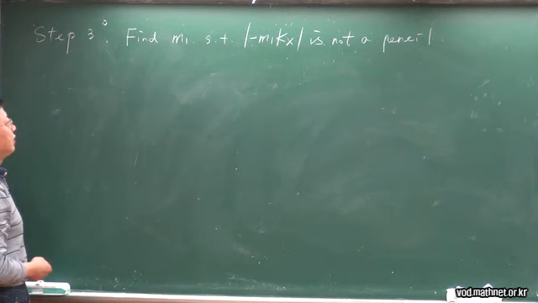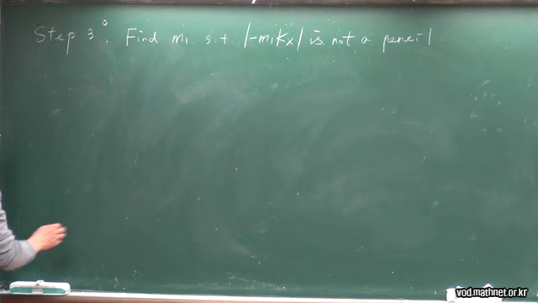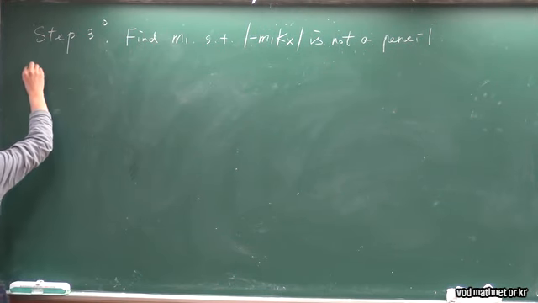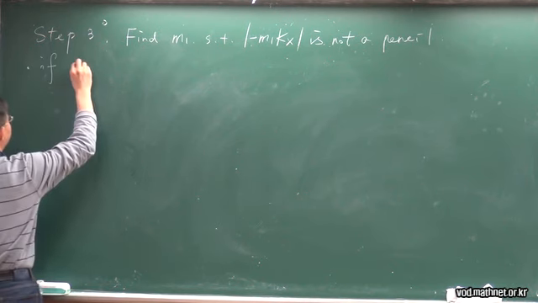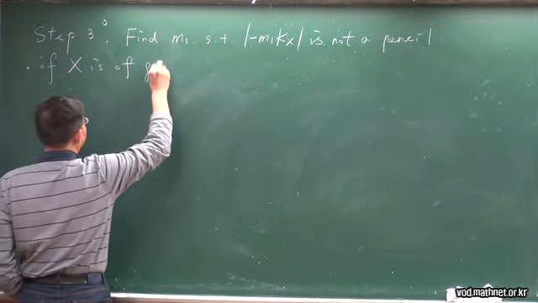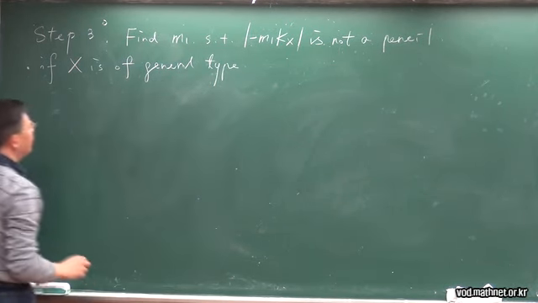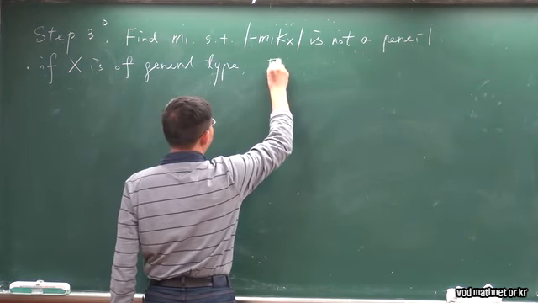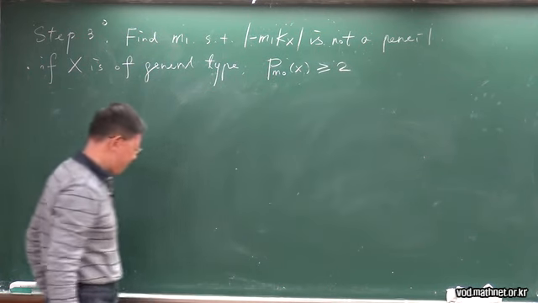Why is this difficult? Let me do the comparison. For example, if X is of general type, we already have P_m0 of X, which is non-negative.